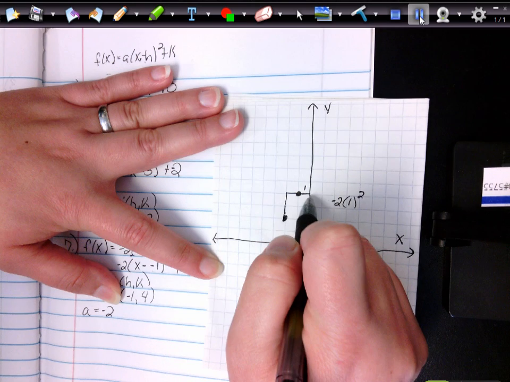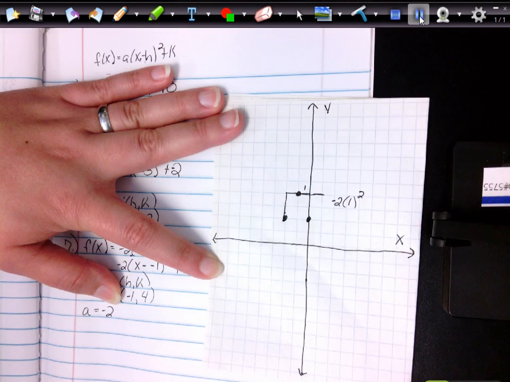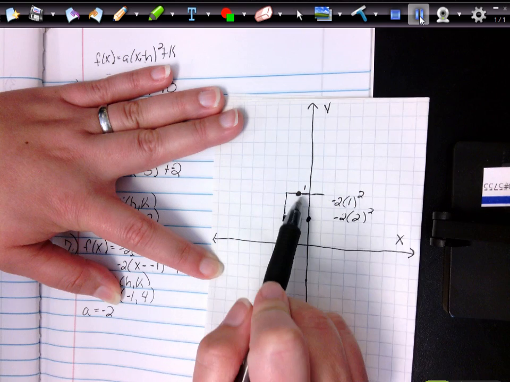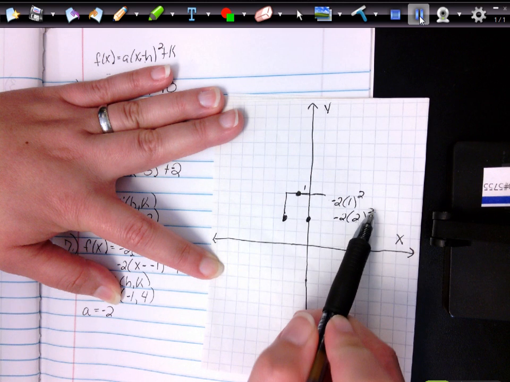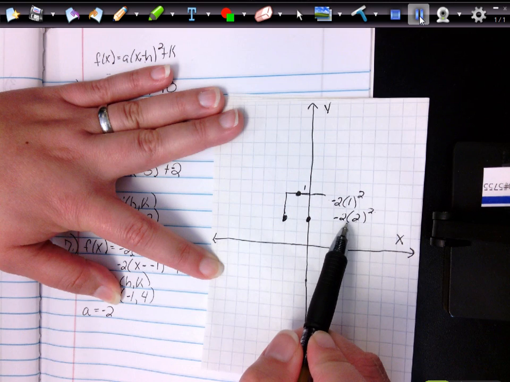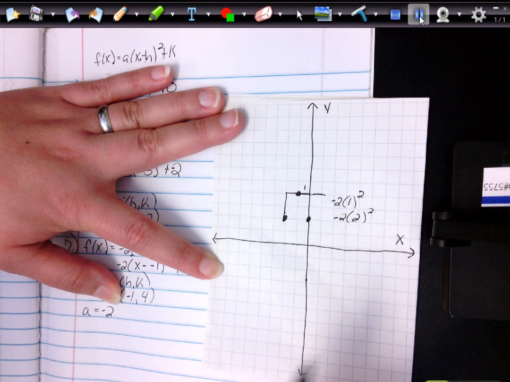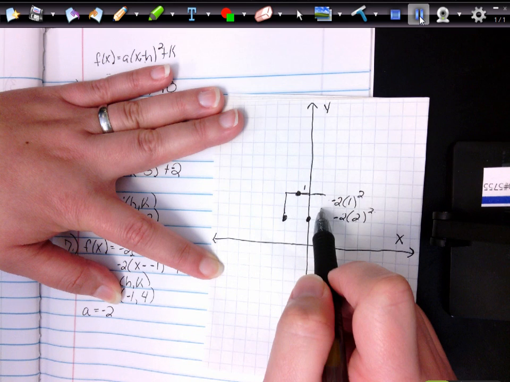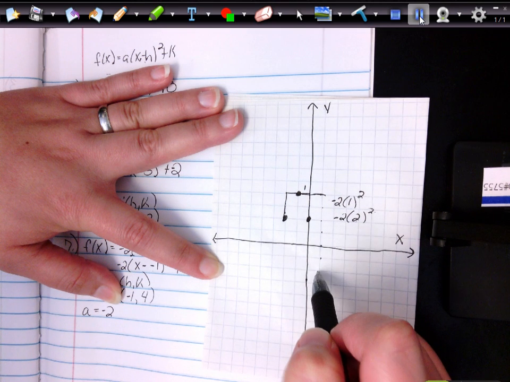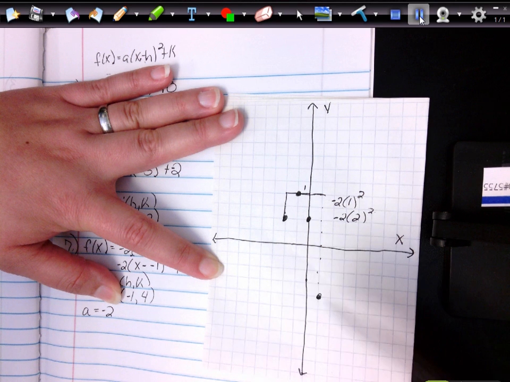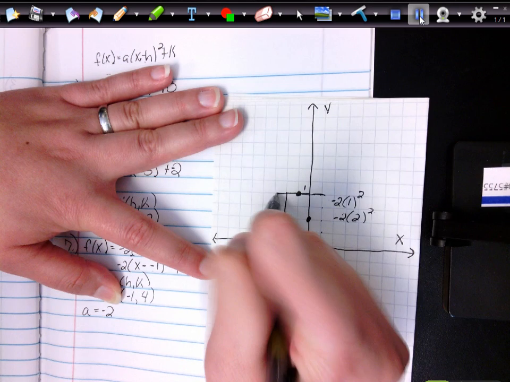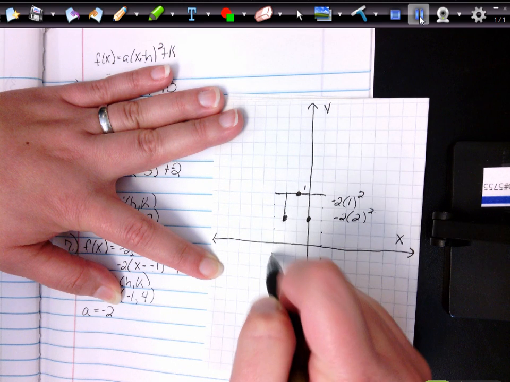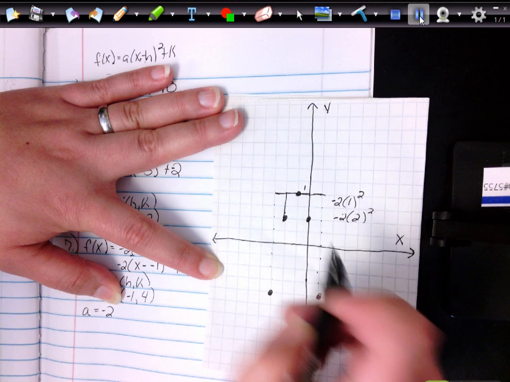Now if I go over 2 spaces from my vertex, I'm going to say -2 times 2 squared, because I went over 2 spaces, so 2 squared is 4. Then I multiply that 4 times my stretch of -2, so 4 times -2 is -8, which tells me when I go 2 spaces from my vertex, I'm going to go down 8: 1, 2, 3, 4, 5, 6, 7, and 8. Same thing on the other side. And there's my U shape.